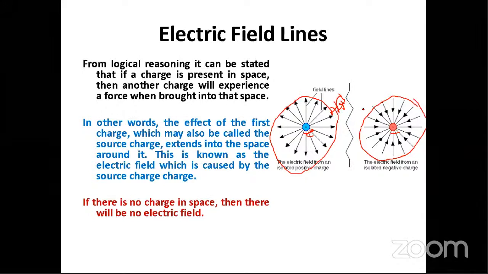If you bring a positive test charge towards a negative source charge, it attracts the test charge. That is why, by convention, in case of a positive charge the field lines are radially outward, and in case of a negative charge the field lines are inward.